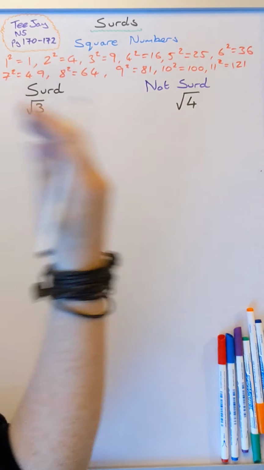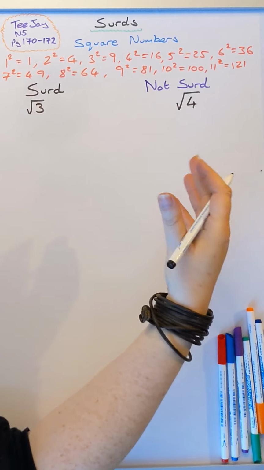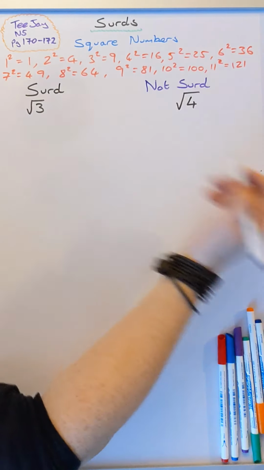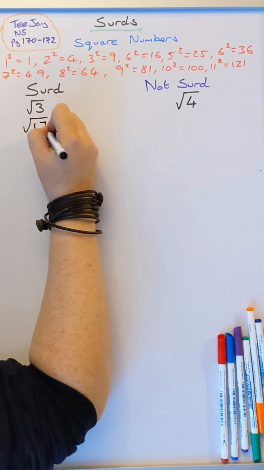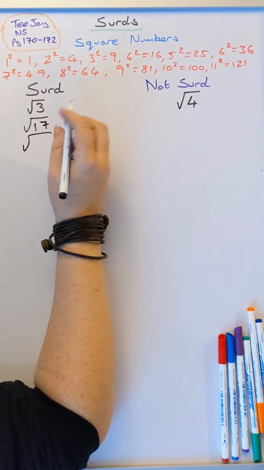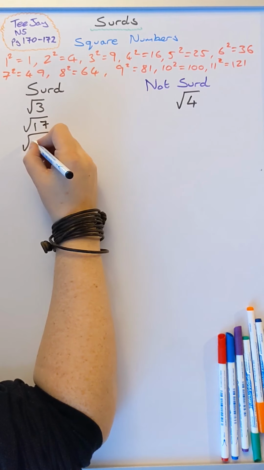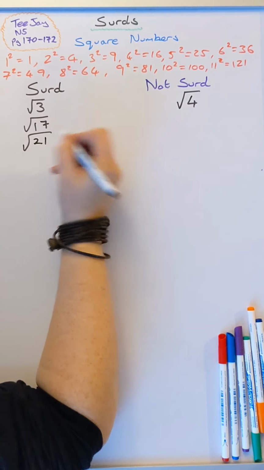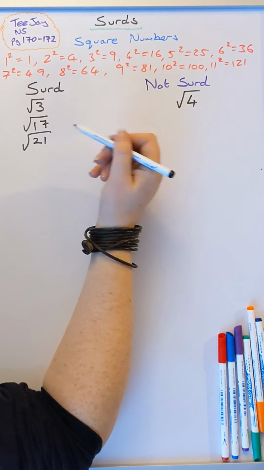It's not possible because it's always a number times a number. So if it's prime, it will be a surd. So 17, 21, 7 times 3.